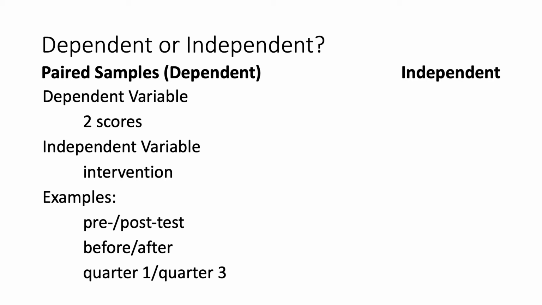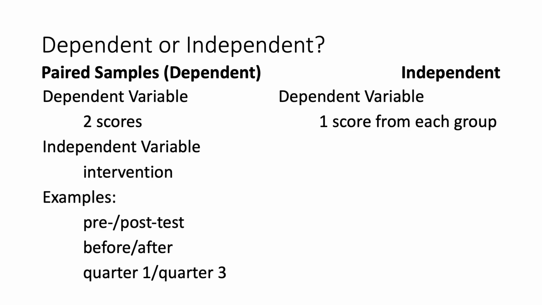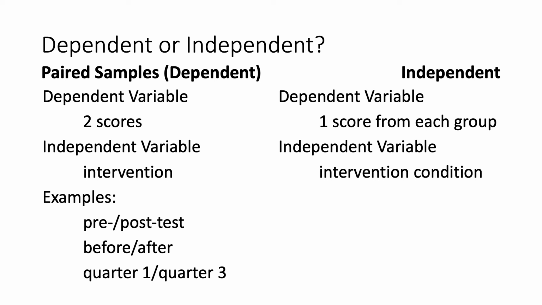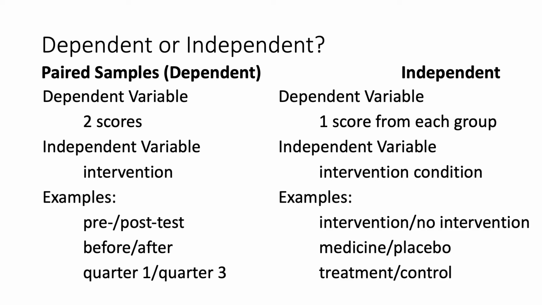When we're working with independent groups, we still have our dependent variable, of course, because that's what's of interest to us. And we have 1 score from each group. We still have our independent variable, which is our intervention condition. And examples of that are an intervention, no intervention, medicine, placebo, treatment, control. All of those things would signal independent.